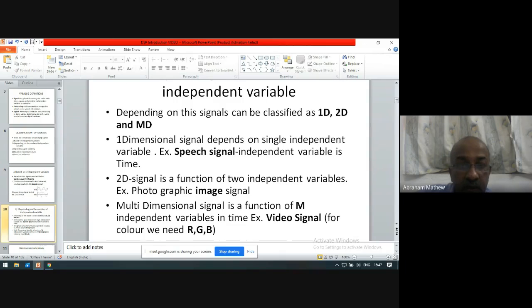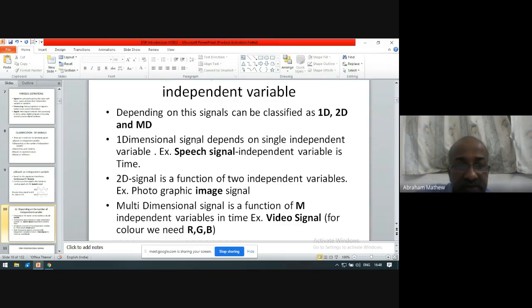Again, we can classify signal as one-dimensional signal, two-dimensional signal, and multi-dimensional signal. A one-dimensional signal means that signal depends on a single independent variable. Example is speech signal.